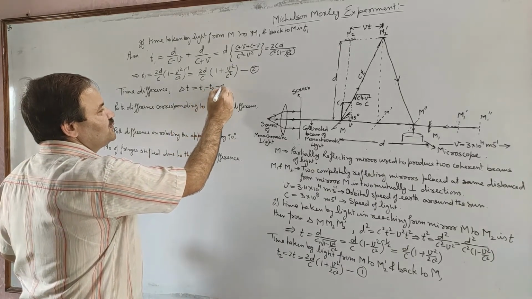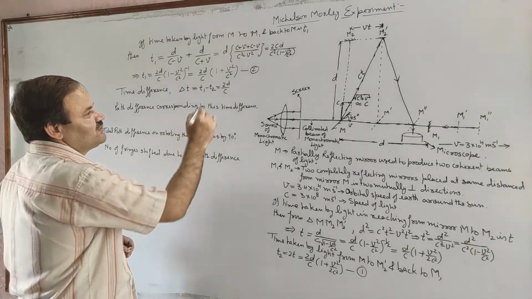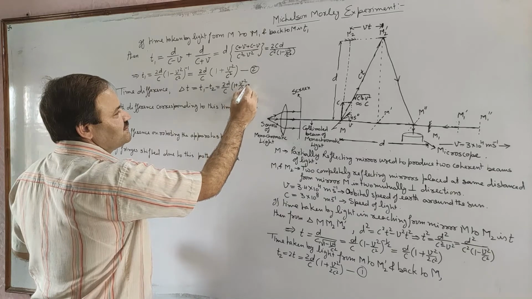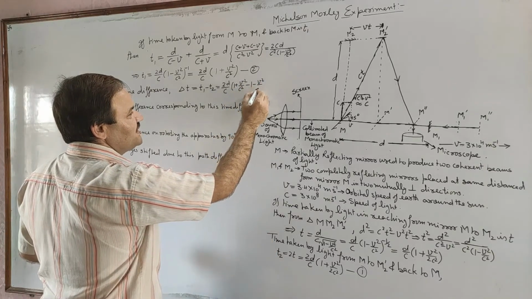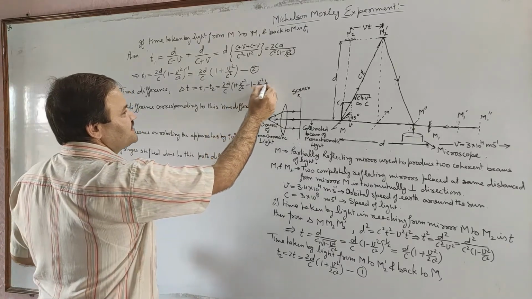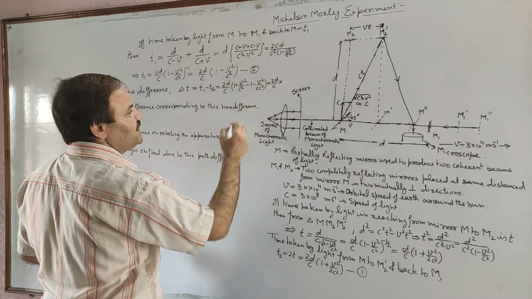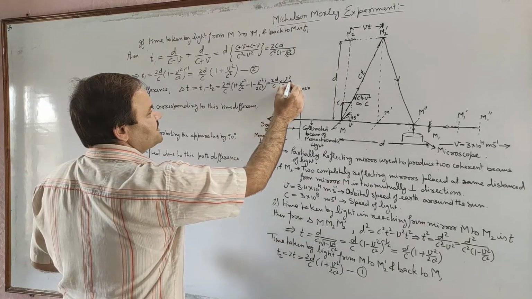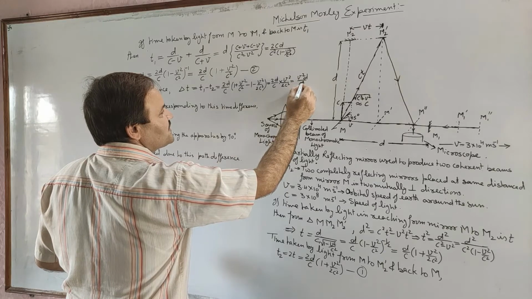This is equal to 2d by c into 1 plus v square by c square minus 1 minus v square by 2c square, and this will become 2d by c into v square by 2c square, that is v square d upon c cube.